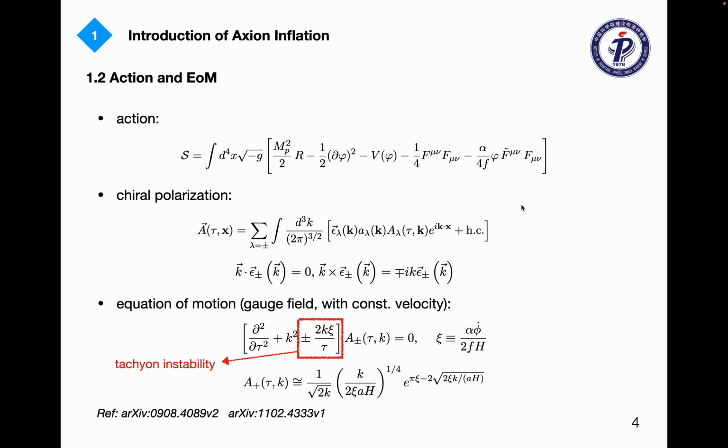It roughly represents the speed of the axion field. We know this term appears as an effective mass. So since we have plus or minus depending on different polarization, one can expect for one of the polarizations, this effective mass can become negative, and therefore exponentially enhance the gauge field.